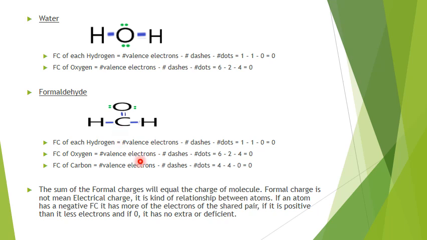Carbon has 4 valence electrons, minus 4 dashes, 1, 2, 3, 4, and no dots, so 0. So 0 plus 0 plus 0 is equal to 0. There's no charge on this molecule. If it had been like sulfate that has a 2 minus charge, when you add up the formal charges, they would have been minus 2, which should equal 2 minus.